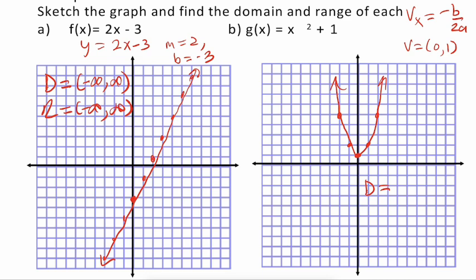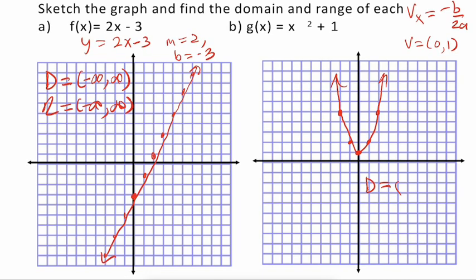So if we think about the x's, how far left can it go? I could plug in -100 million, and it's a value. Giant, high up, but it's a value. I could plug in on the opposite end +100 million, and it's still a value. So the domain is all real numbers. Remember, for polynomials, the domain is always all real numbers.